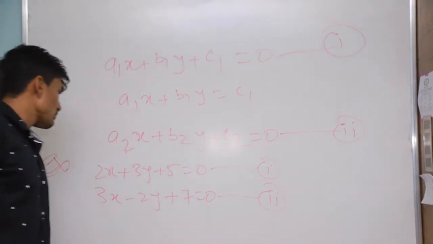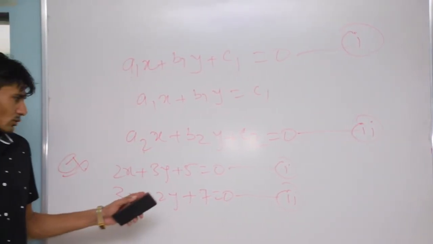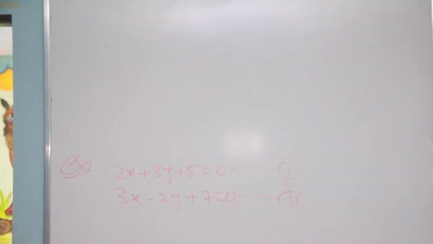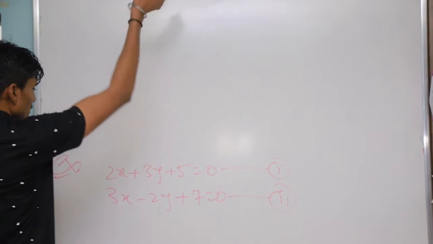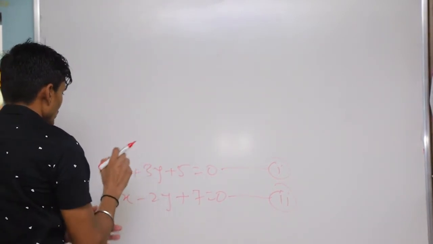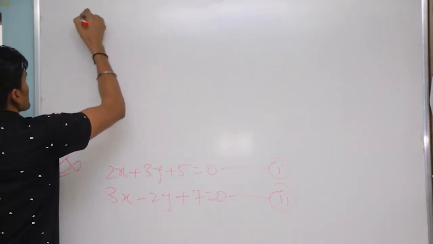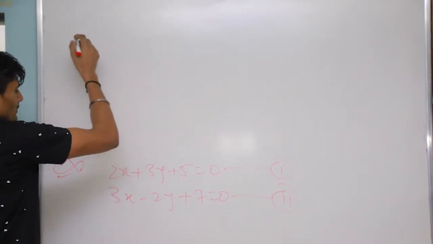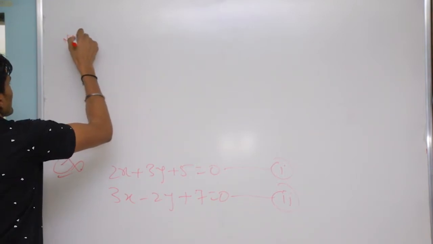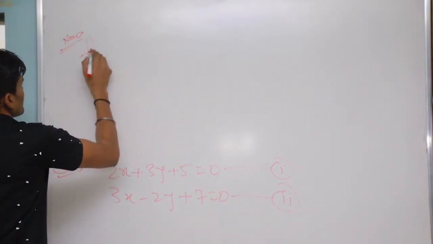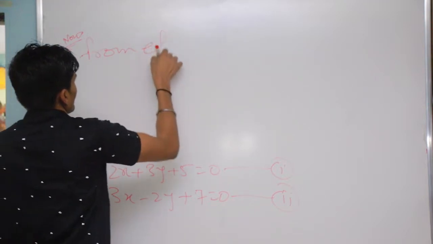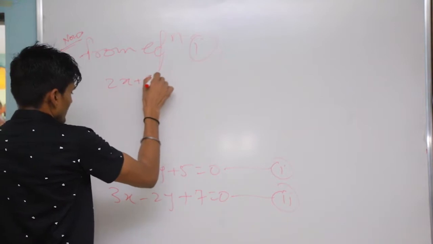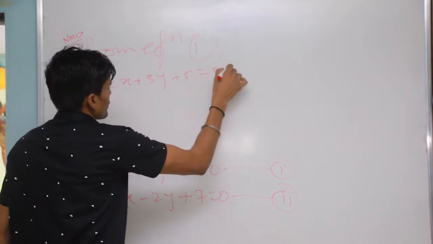Let's see how we can solve a pair of linear equations and how we can get the value of x and y. Here 2x plus 3y plus 5 is equal to 0. From equation 1, we have the equation 2x plus 3y plus 5 equal to 0.